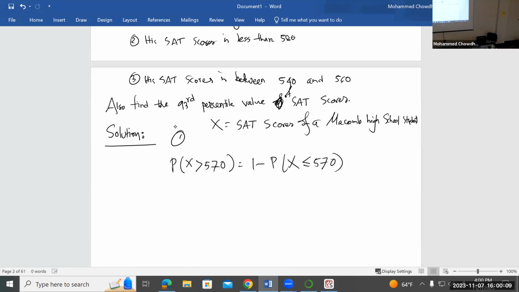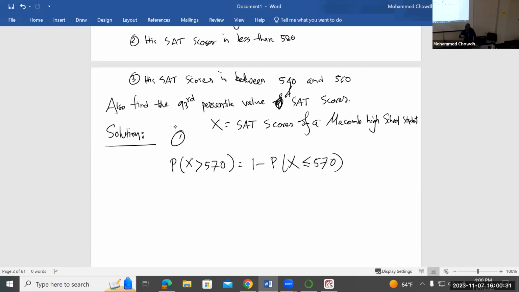Total probability equals 1, so greater than equals 1 minus less than or equal to. The probability can never exceed 1.